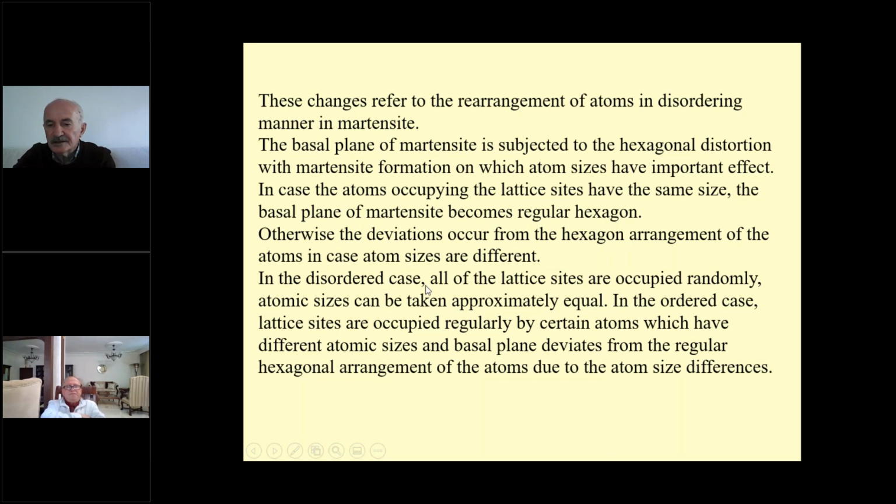In the disordered case, all of the lattice sites are occupied randomly, and atomic sizes can be taken as approximately equal to each other. In the ordered case, lattice sites are occupied regularly by certain atoms which have different atomic sizes, and the basal plane deviates from the regular hexagonal arrangement of atoms due to the atom size differences.